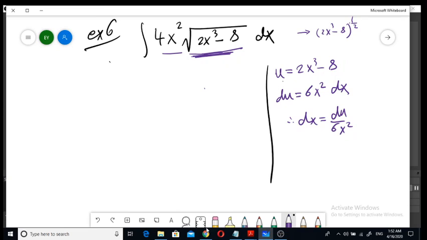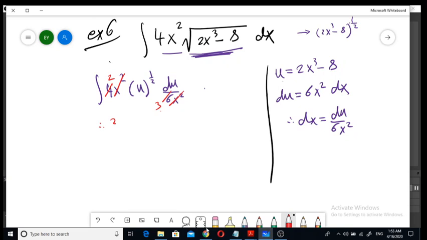Then we are going to apply the u substitution method by replacing 2x cubed minus 8 by u and dx by du over 6x squared. Then 4x squared times u^(1/2) du over 6x squared. Easily we can simplify x squared cancelled with x squared, 4 over 6 is 2 over 3.